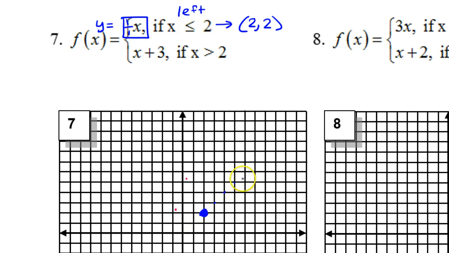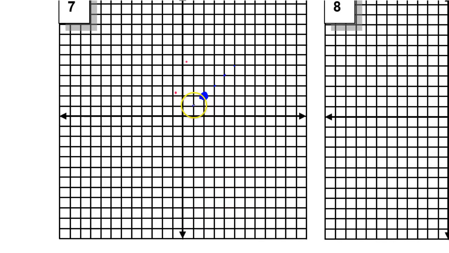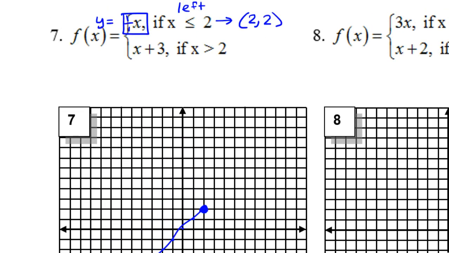So instead of going up 1, right 1, I need to go down 1, left 1 like this. Okay, so my first piece of my piecewise function is going to look like this. Alright, let's go back for the second piece of my piecewise function.